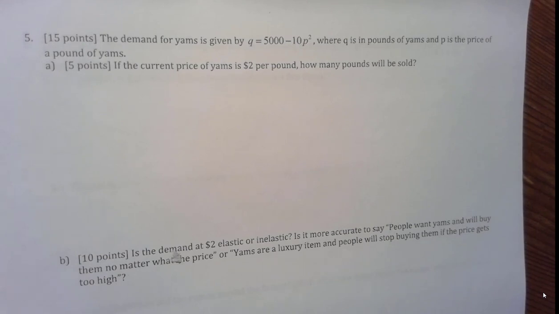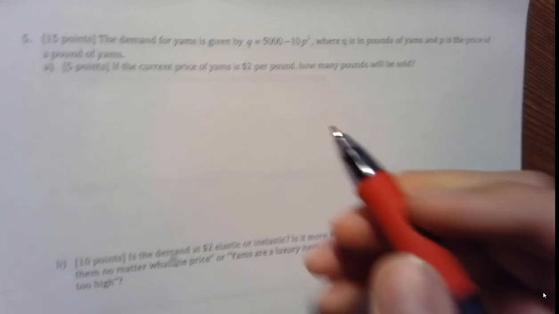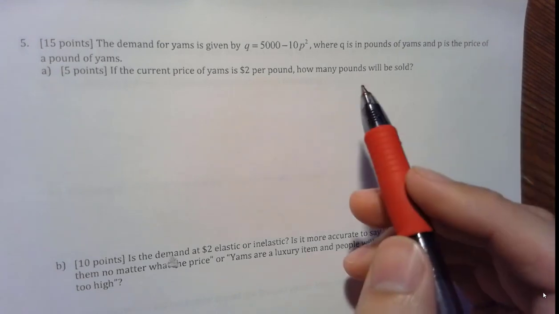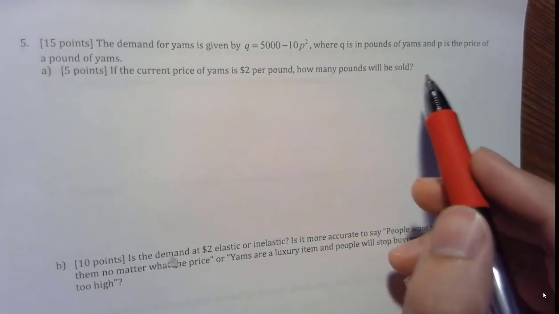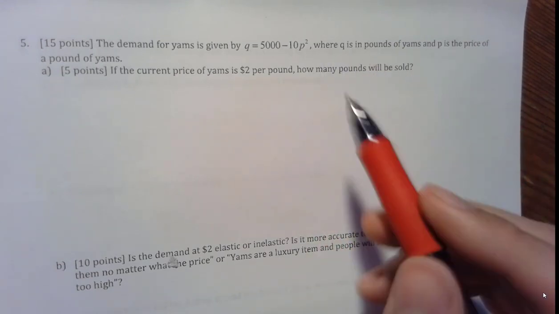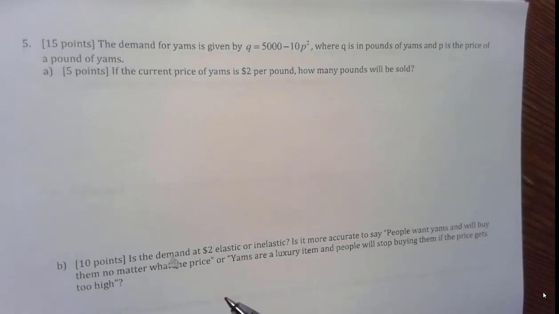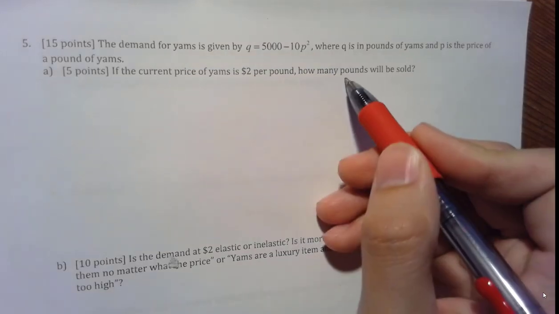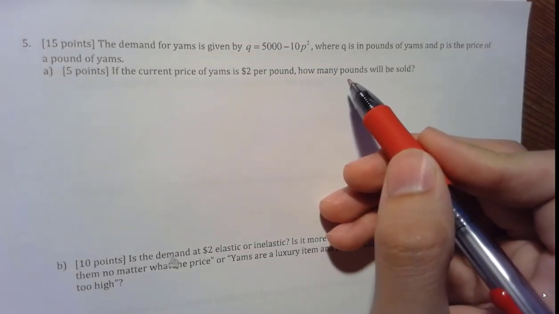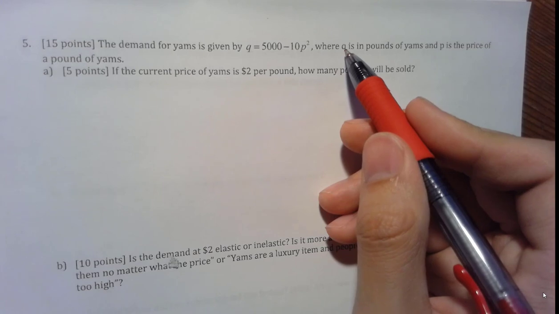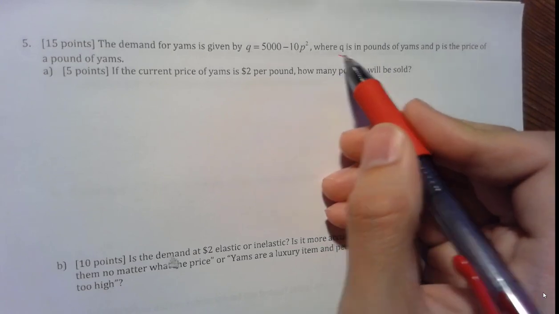Now let's move on to the next question. The demand for yams is given by Q equals something, where Q is the pounds of yams and P is the price per pound of yams. If the current price of the yams is $2 per pound, how many pounds will be sold? We are looking for the number of pounds, and Q is the pounds.